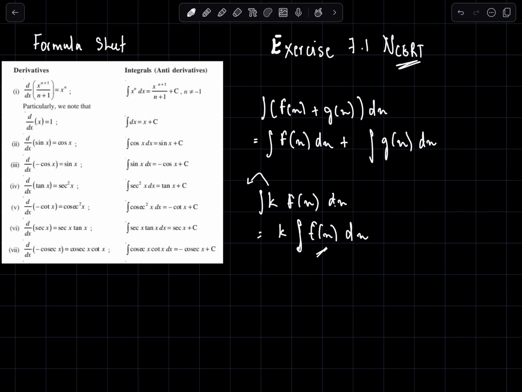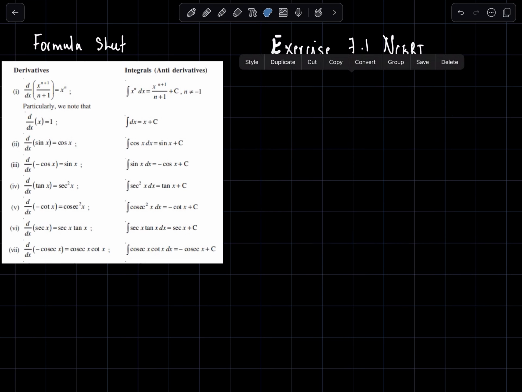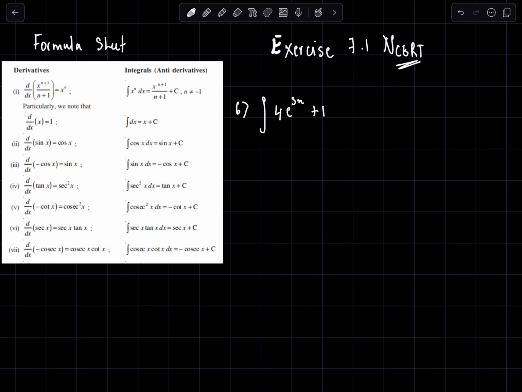This is exercise 7.1. So let's start with the first question. Okay. So question number 6, as I said. So integral of 4e to the power 3x plus 1 dx.